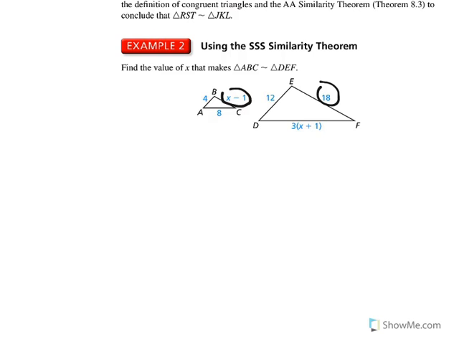So we know that BC needs to go with EF, and then if we look at DEF, we have another x value here with our 8. Now I don't want to put the x's in the same proportion because that would make my life difficult. So I'm going to look at AB, and I'm going to compare it to DE because that gives me a nice solid actual number that I can compare it to.